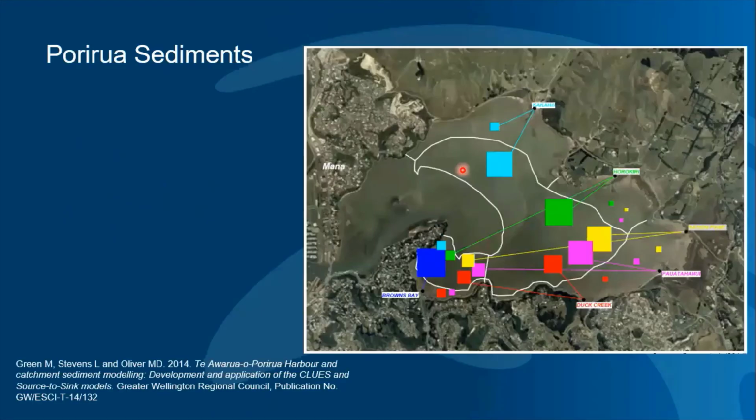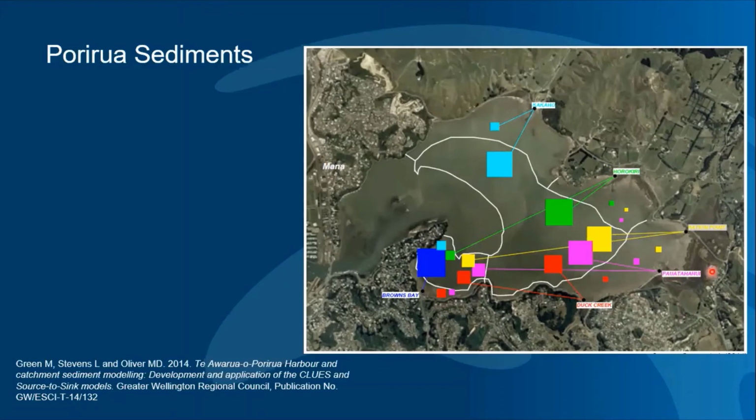And then in terms of the sediments, same process. So looking at the sediments, the same approach as we had in Lucas Creek. This was work carried out by Mel Green, Lee Stevens, and Megan Oliver in 2014. So it's linking catchment load models to marine models, subdividing the area into these different sub-estuaries and looking at the linkages between the outputs from a particular catchment and the sub-estuaries.